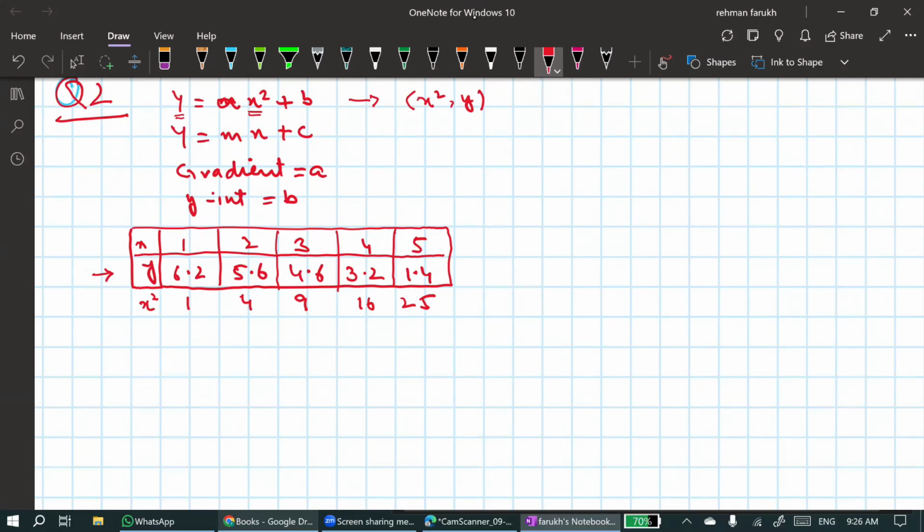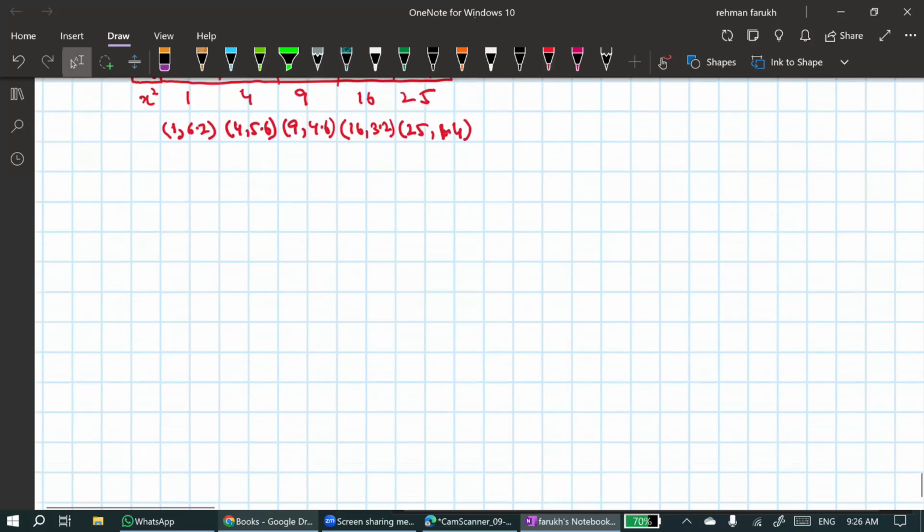Now, the ordered pairs we will draw are x square and y: 1 and 6.2, 4 and 5.6, 9 and 4.6, 16, 3.2, 25, and 1.4. Now these are the coordinates.